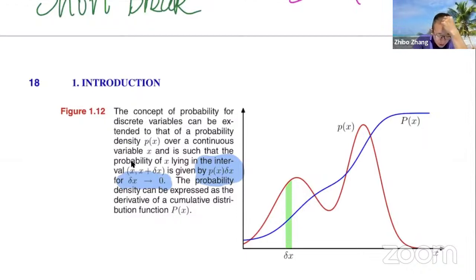The probability density can be expressed as the derivative of the cumulative distribution function, capital P(x).